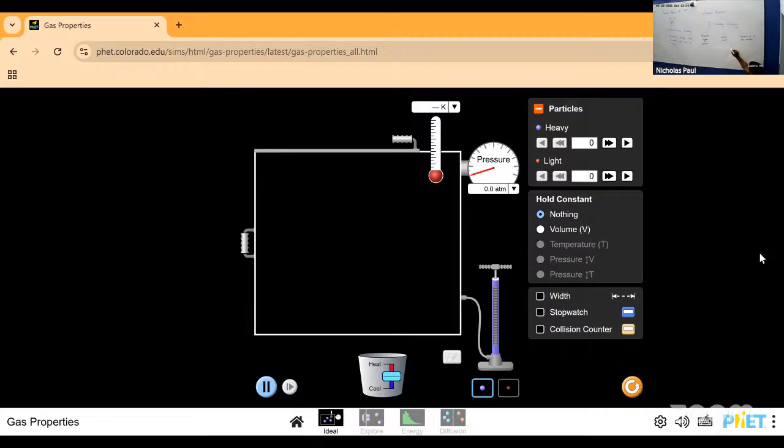But here's what we're going to do. We're going to keep some of them constant. So in our first experiment, we are going to see how pressure and temperature are related by keeping volume constant.